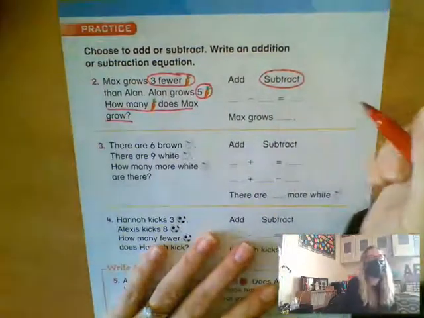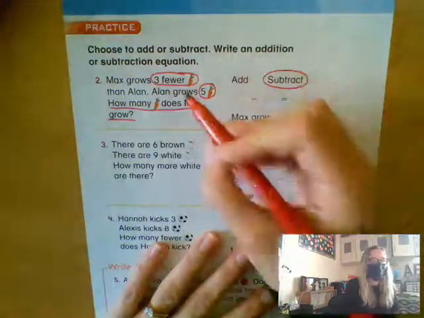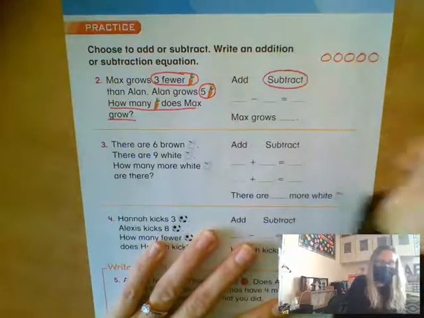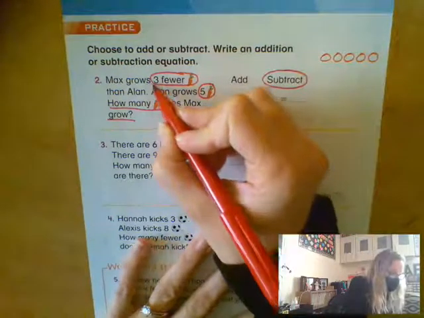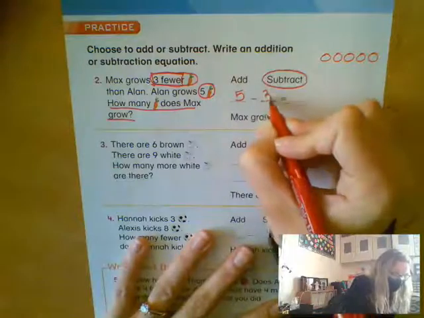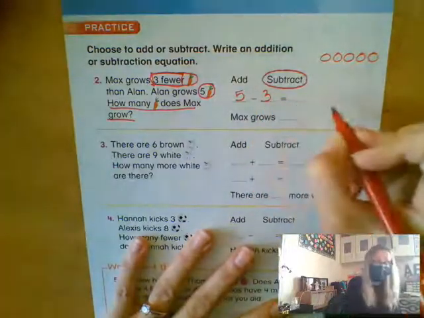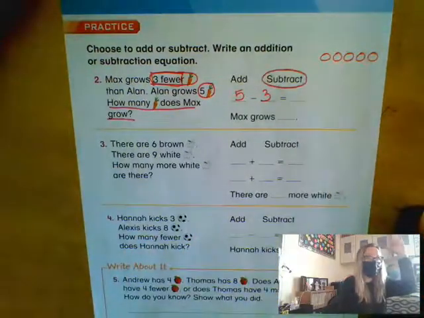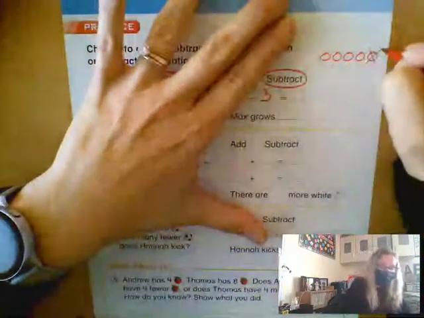Now here's what we know. We know that Alan has 5. 1, 2, 3, 4, 5. And we know that Max has 3 fewer. So we're going to say 5, take away 3, and that will tell us our difference. So here's our 5. Let's take away 3. Ready? Take away 1.